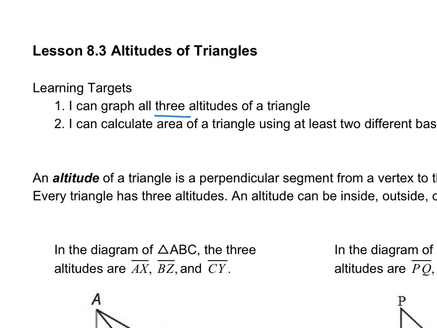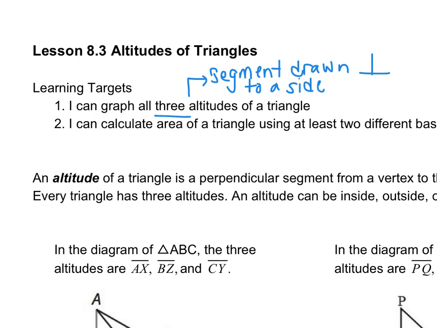So there are 3, underline that, and understand that the altitude is a segment that is drawn, and you know what that symbol means because we've seen it in our refresher videos, that's perpendicular to a side of a triangle.